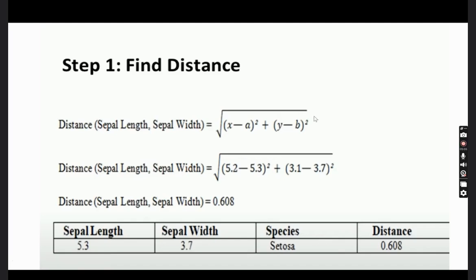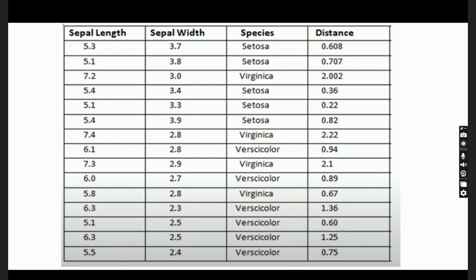The first row is calculated here. The distance between the newly introduced data point and the first row of pre-existing data is 0.608, by applying the equation. Likewise, we have to find the values for all the other rows present in the given data set. This is the distance calculated for the given data set for the newly introduced data point.